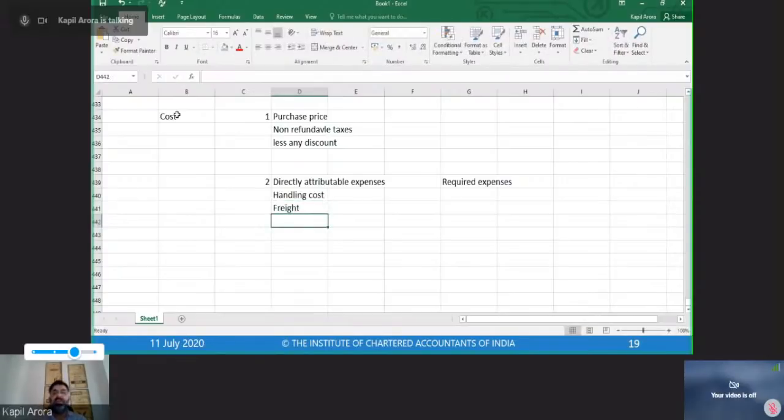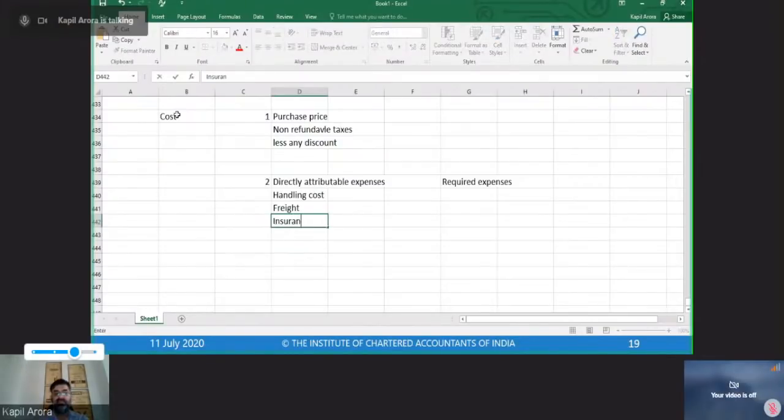If I am not going to order this asset, I will not be incurring any freight or handling charges. Since this expense is coming just because the asset is coming, we call it directly attributable expenses, and it has to be added to the value of the asset.